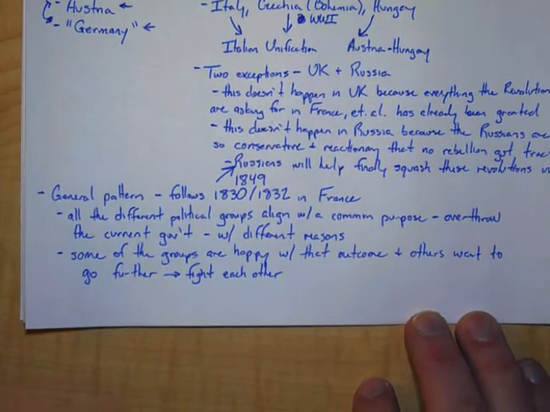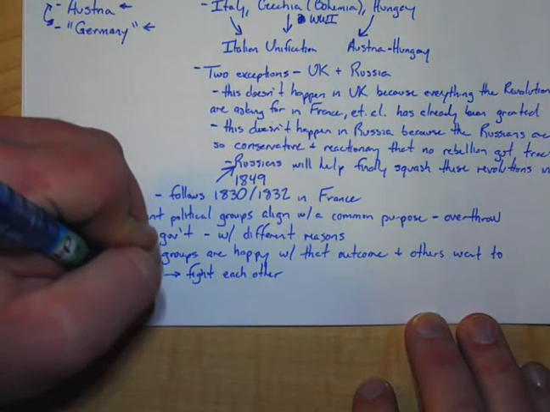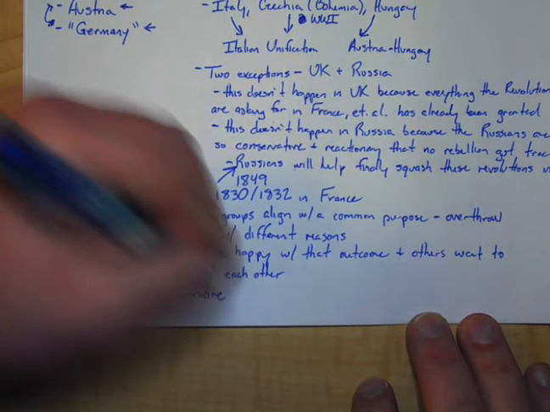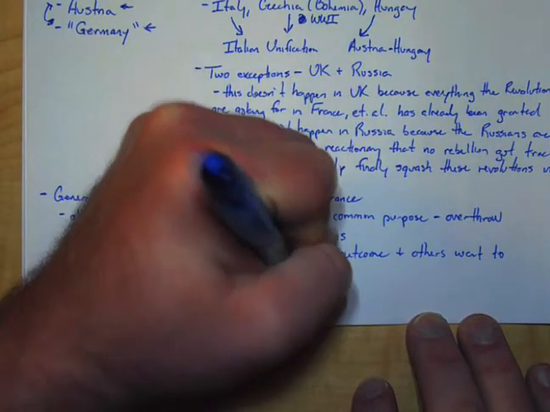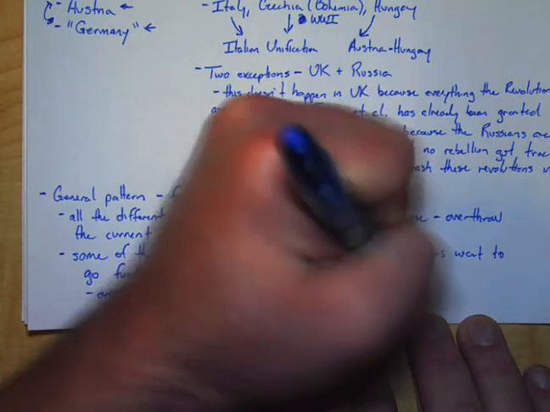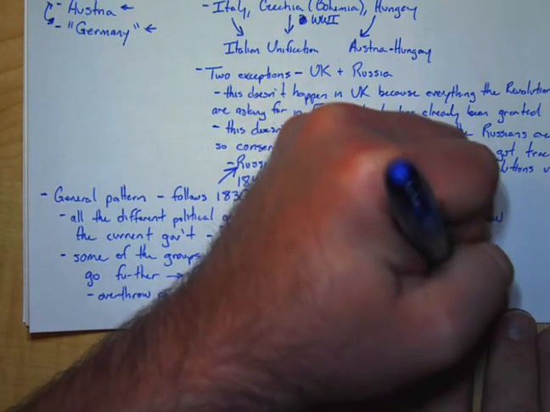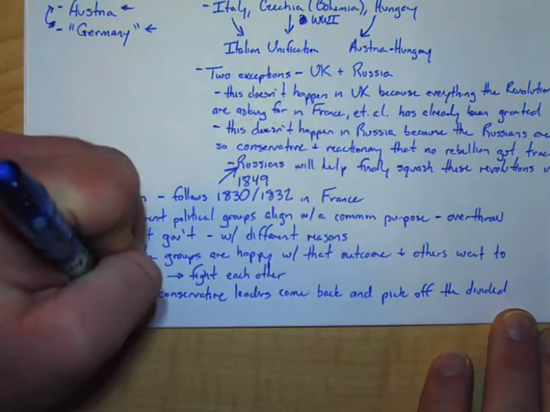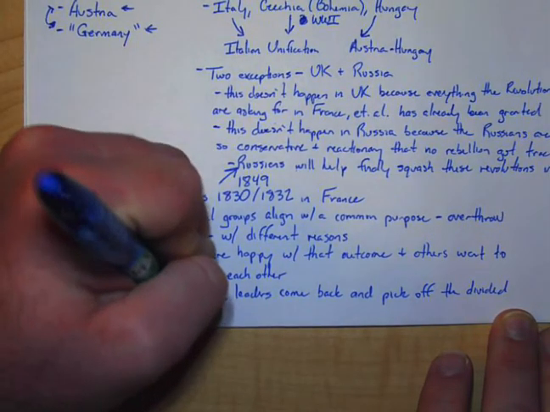And it's at that point that the overthrown, usually conservative leaders come back and pick off the divided groups, usually with some Russian help.